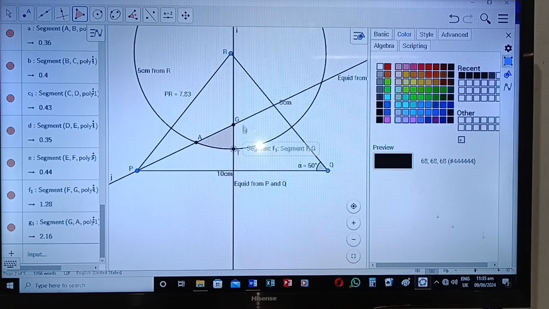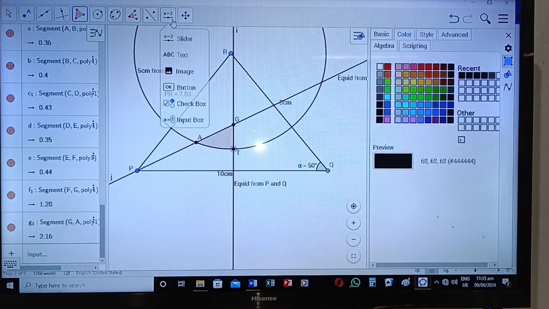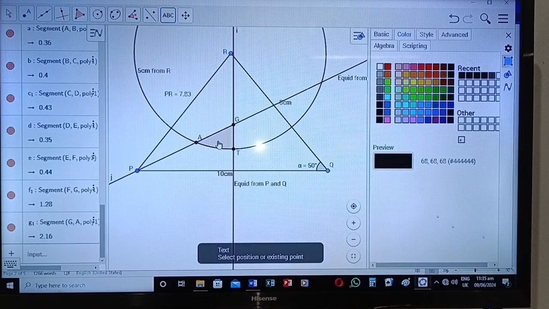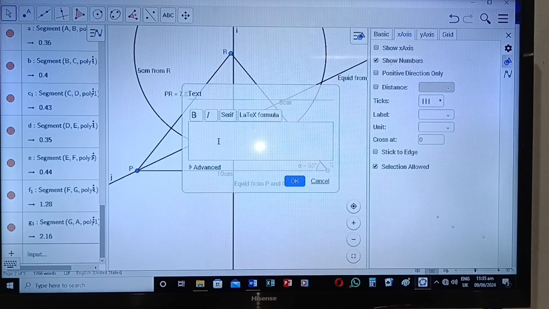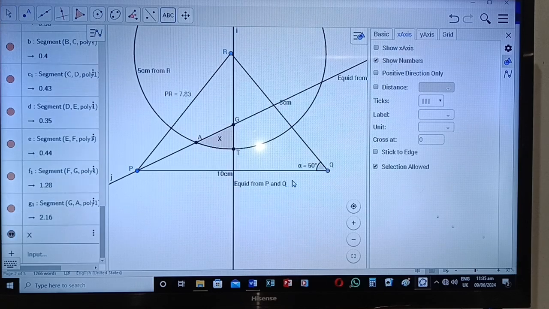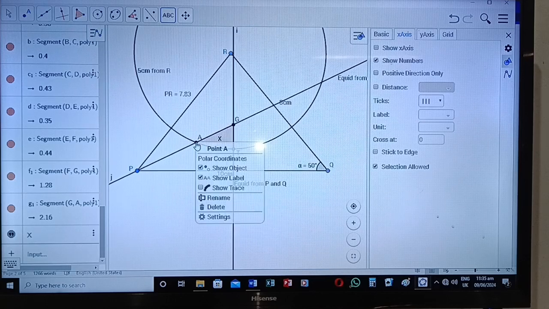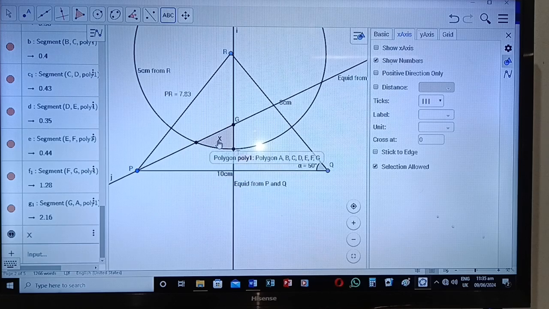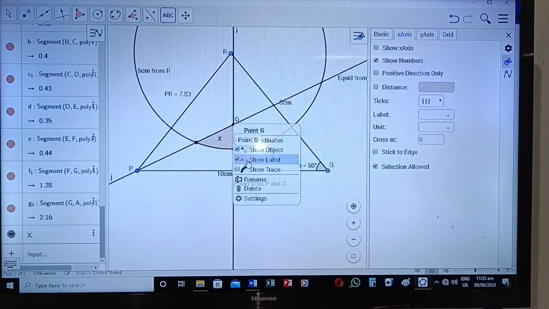Again here, show label, we don't need that one. So this is the region which we are told is where X is supposed to be. This point we don't need it. We say show label, and this one we don't need it.